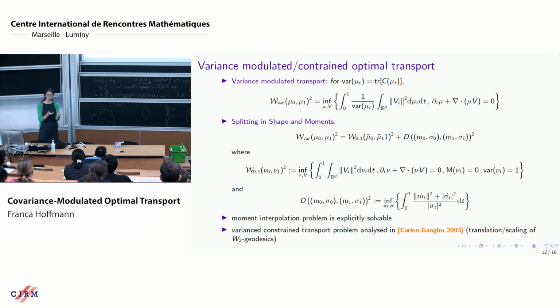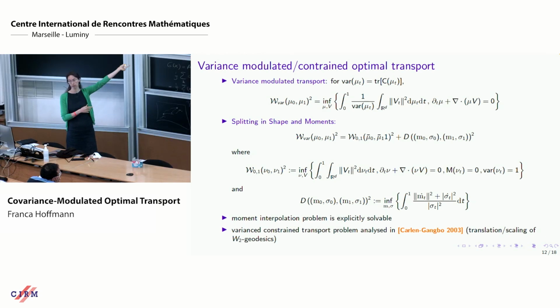So you shift the mean to 0 and you normalize the variance to be 1. And that actually gives you an optimizer for this distance, just after reparametrizing with time. So there's another step you have to do, but this way they answered this question of existence of geodesics, because you use the fact that Wasserstein 2 geodesics exist.